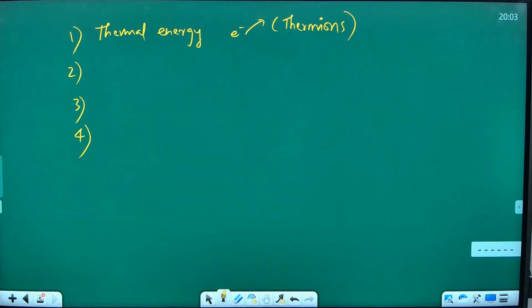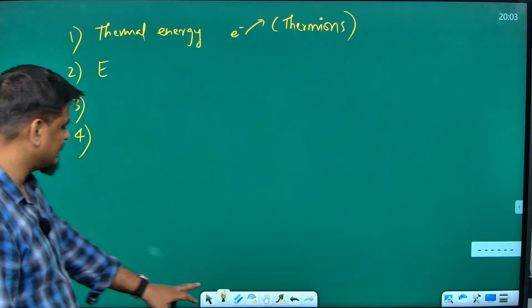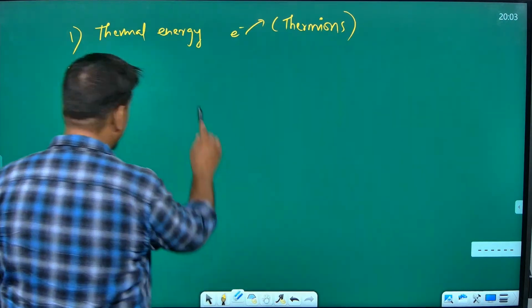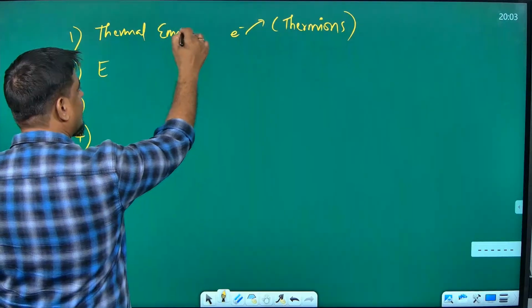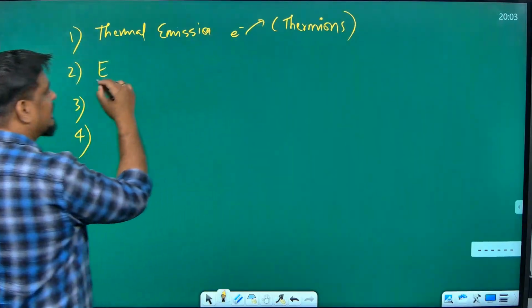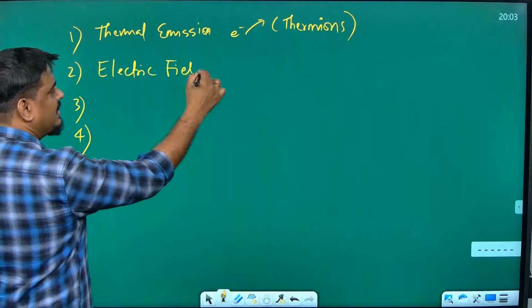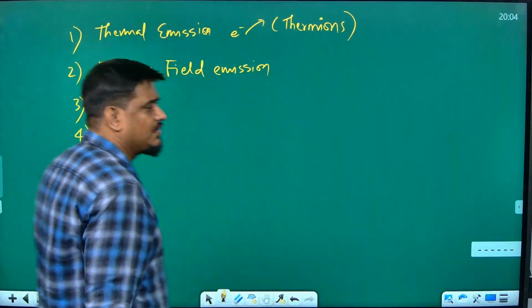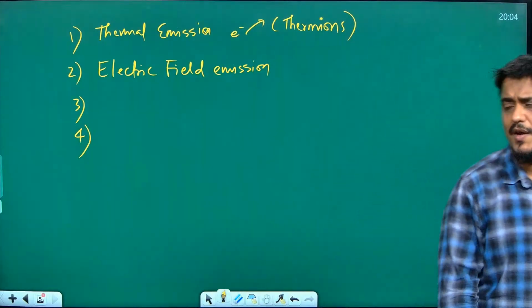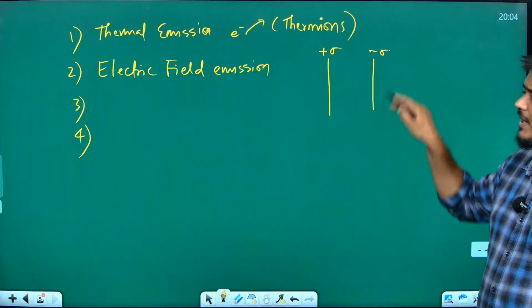Another way is electric field emission. What is that? We know very well that you can give an electric field by keeping two plates, plus sigma and minus sigma.